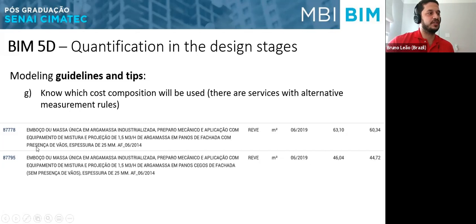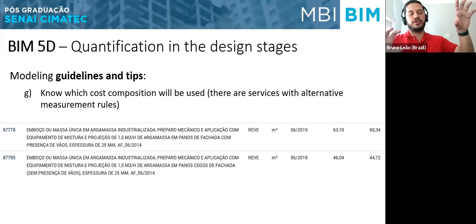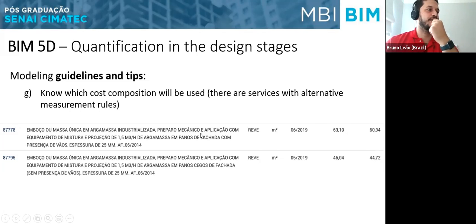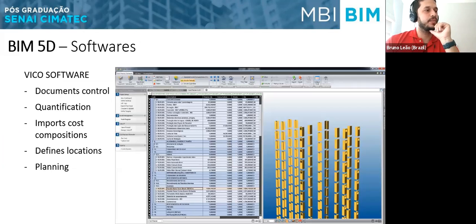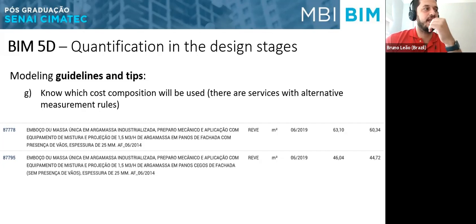One had the opening and the other doesn't. So the unitary cost changes. If you know that the wall in the model that has openings is this one, we have one unitary cost. If the other wall doesn't have any openings, we have these other unitary costs. That's quite important if we are trying to automate our extraction and budget development. That was the guideline tips.